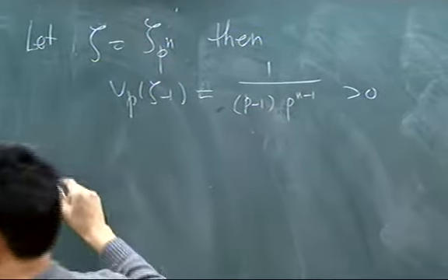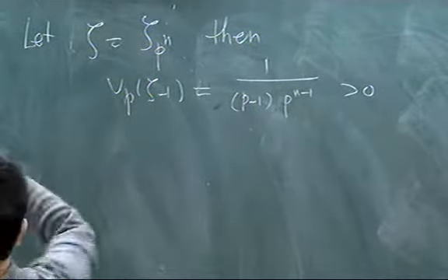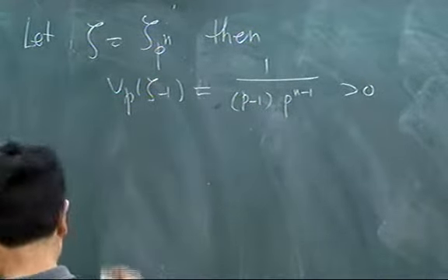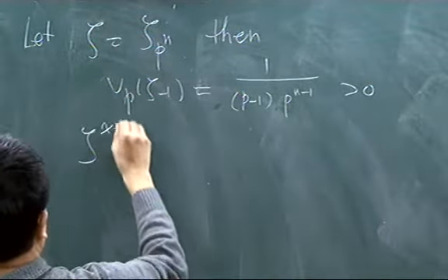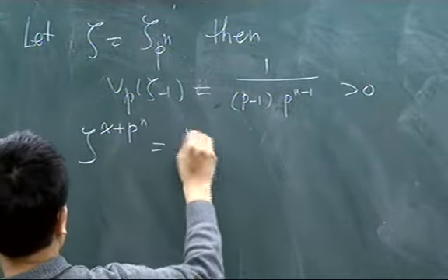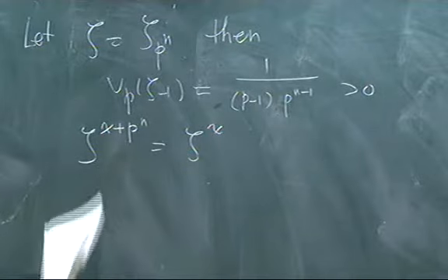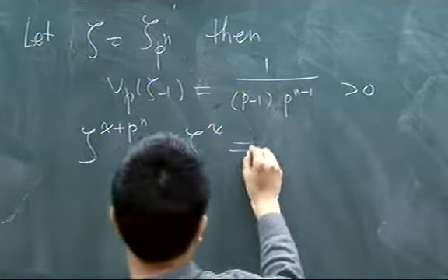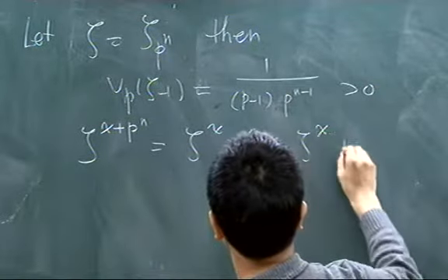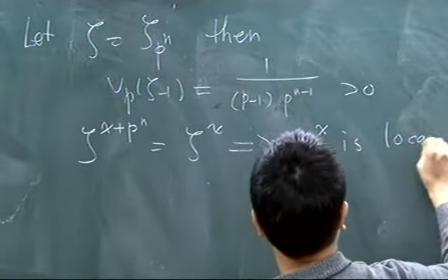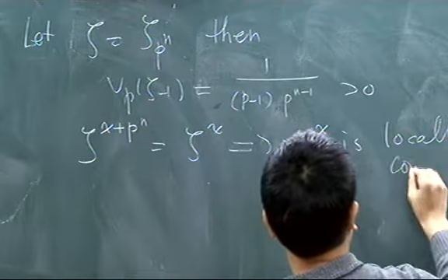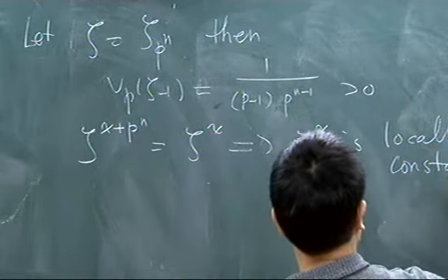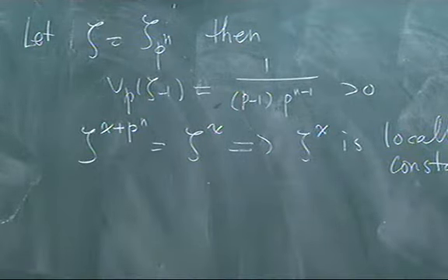So we can take z equals zeta. So we have zeta to the (x plus p^n) is zeta to the x. Certainly, this is always true. So zeta to the x is a locally constant function.